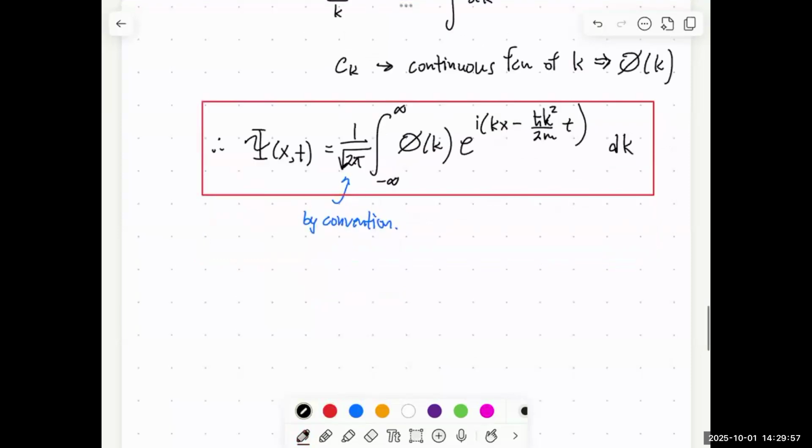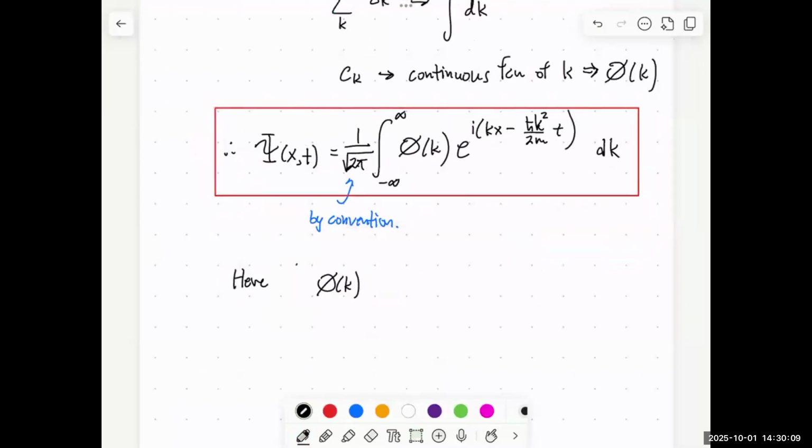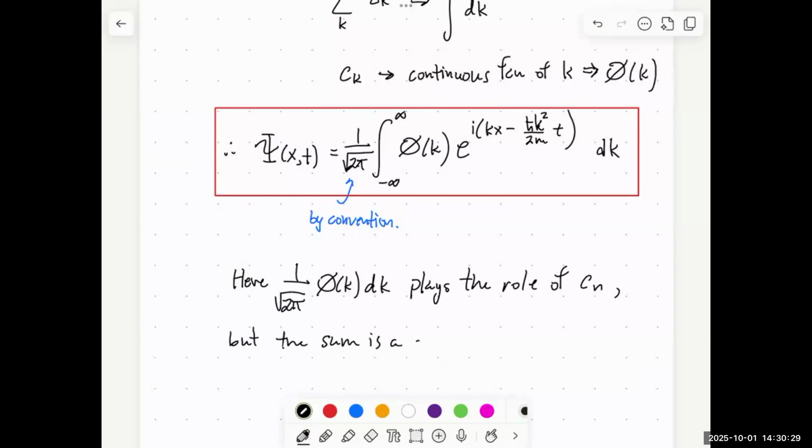So here are phi of k, along with the prefactor 1 over root 2 pi, and the dk. This plays the role of the c_n's, but the sum is a continuous integral now.